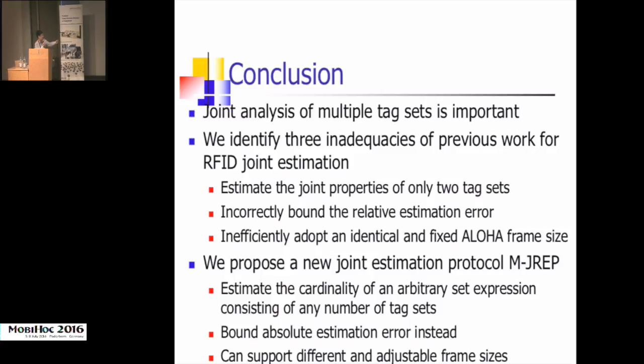And the previous work ineffectively and inefficiently adopted an identical fixed frame size scheme. They encode each tag set with equal length Aloha frames or with equal length K-minimum snapshots. This is incorrect, and we use adaptive protocols, and we can support different and adjustable frame sizes instead. So this is the key contribution of this paper.